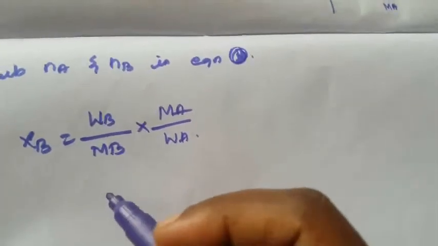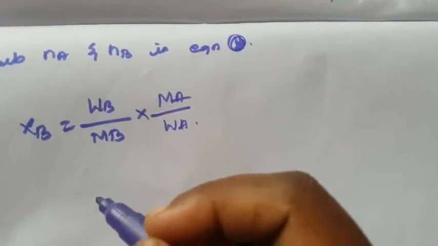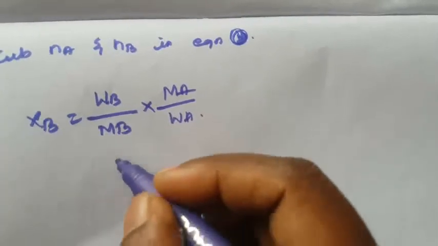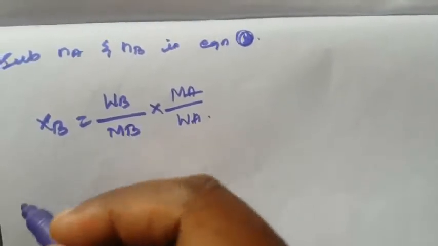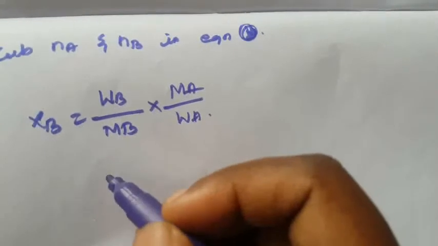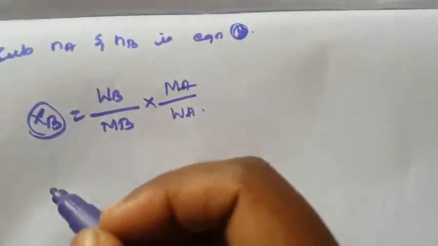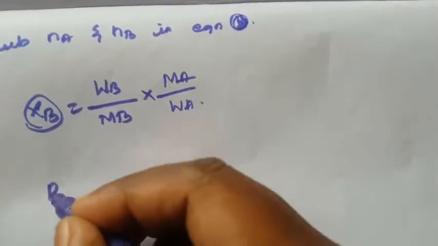So this equation becomes the relative lowering of vapor pressure.